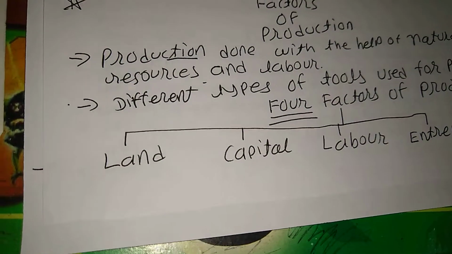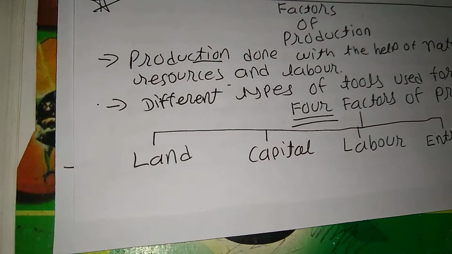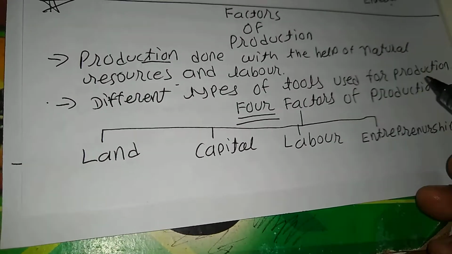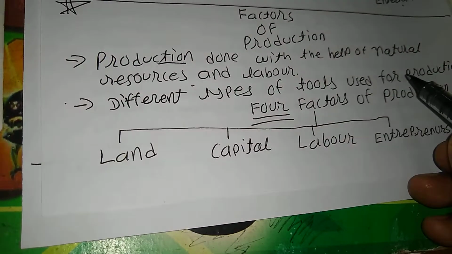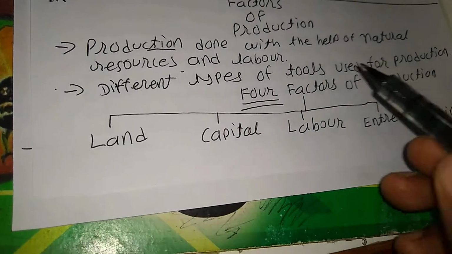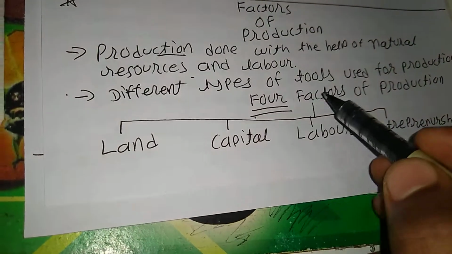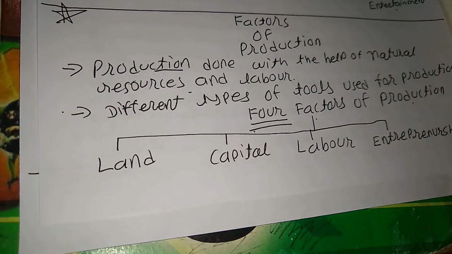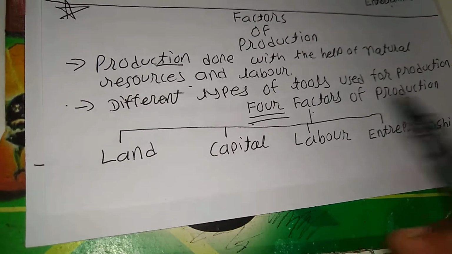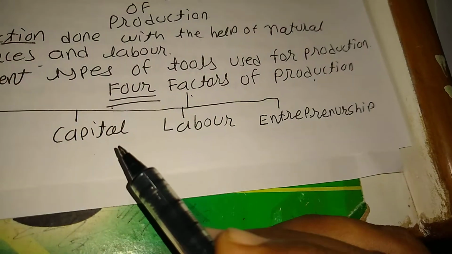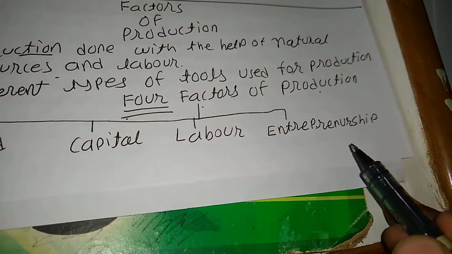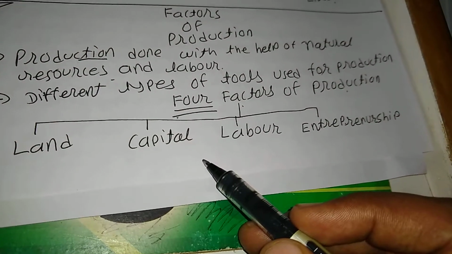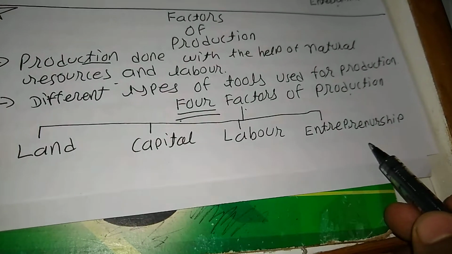Different types of tools are used for production, and they are called the 4 factors of production. The factors of production are land, capital, labor and entrepreneurship. I repeat, land, capital, labor and entrepreneurship.